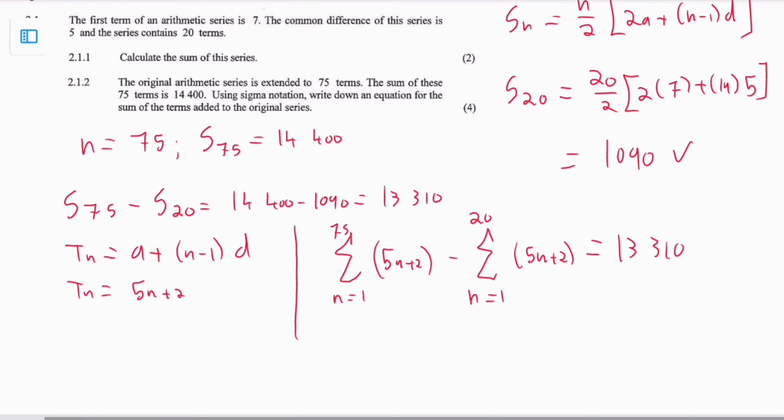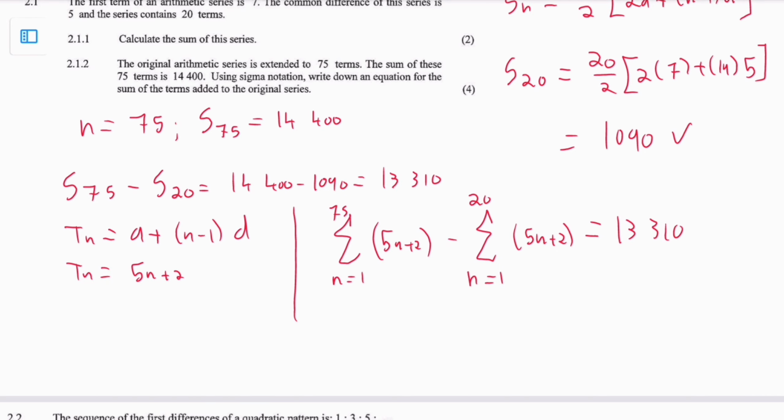Okay, and so then finally, the question is, write down an equation for the sum of the terms added to the original series. So we have the first 20 terms. What is the value from the 21st term to the 75th term? And that is what we have here. It gives you the same answer, 13,310. So yes, I hope that's clear.